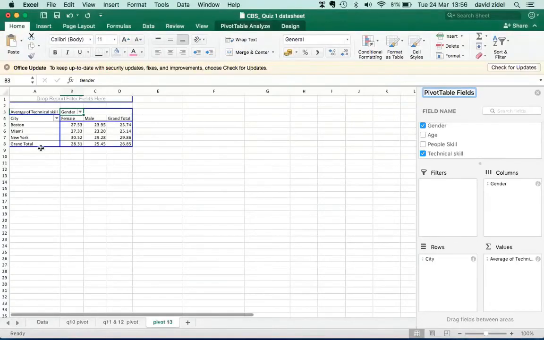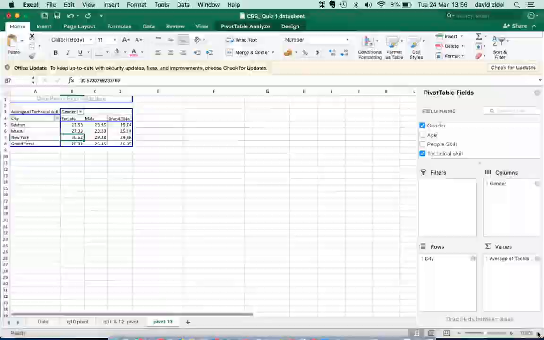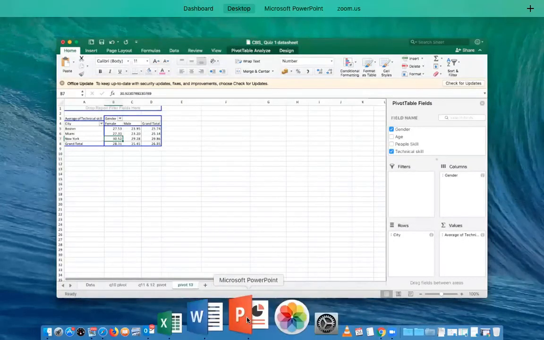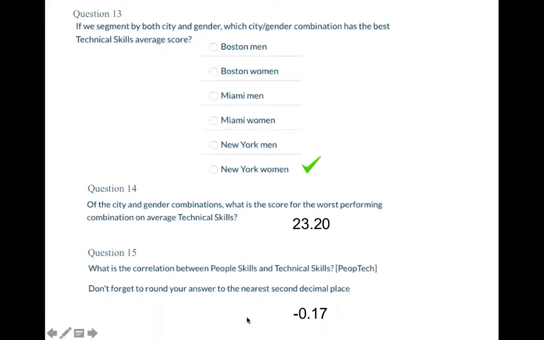We have a look here, and we have the highest score for females in New York, which is over there, and that gives us the answer we're looking for. So please make sure you can use pivot tables. Play around with it. It becomes easier and easier, obviously, as you use it.